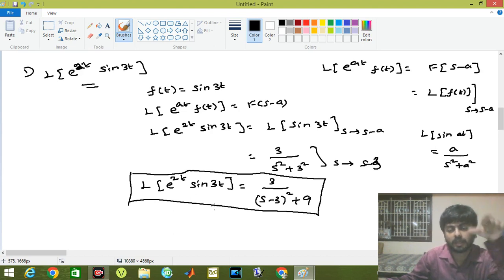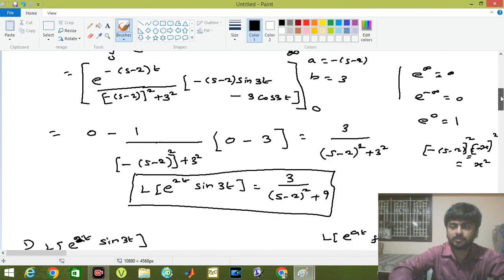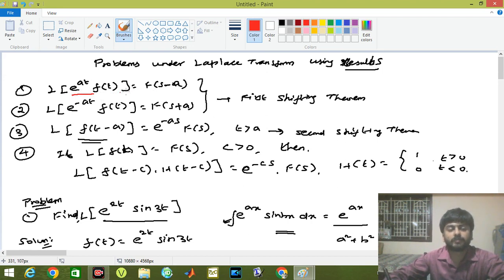Okay, now as I have already told you, I am going to tell you a problem under the second shifting property. Dear students, now we have seen a problem under e power of at f of t.